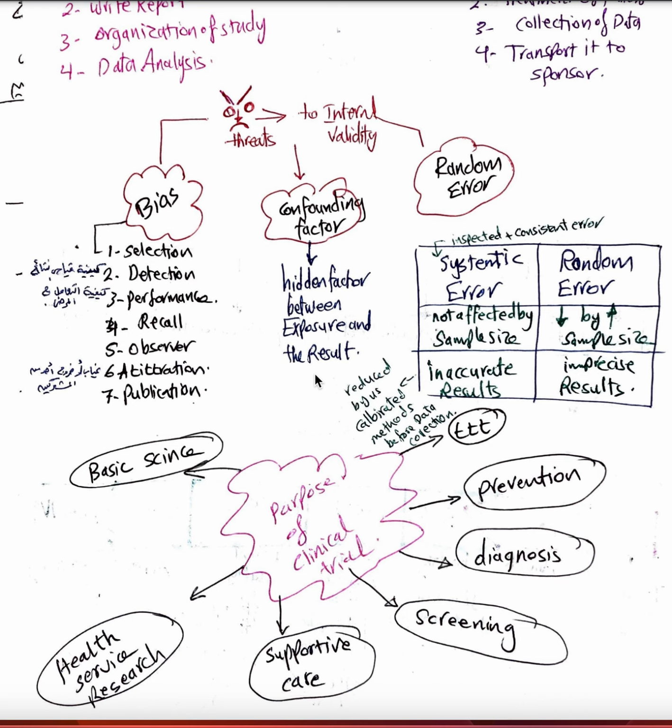It's a variable that is related to the exposure and related to the results, but it distorts the relationship. Like when I make an observation between coffee drinking and heart disease, and make a connection, and then I realize that some of the participants are smoking.